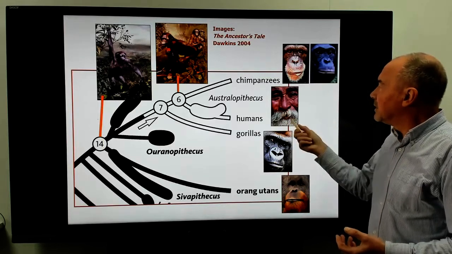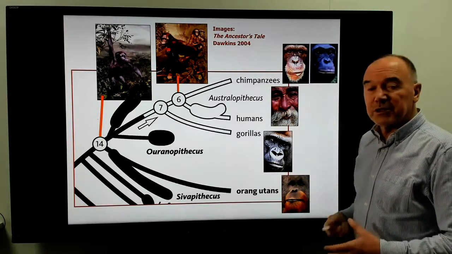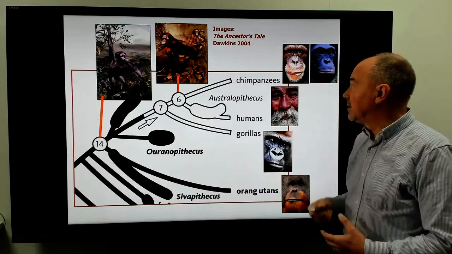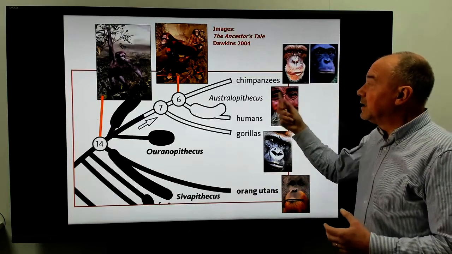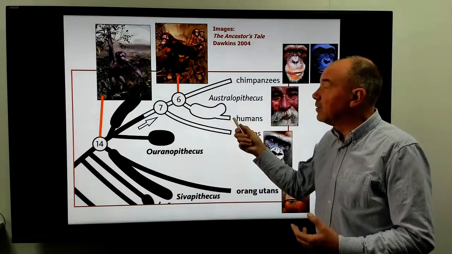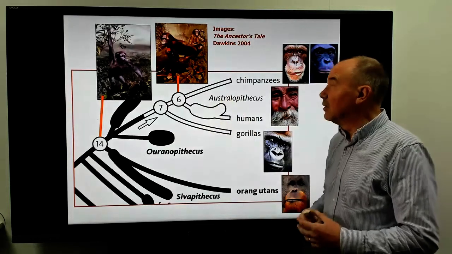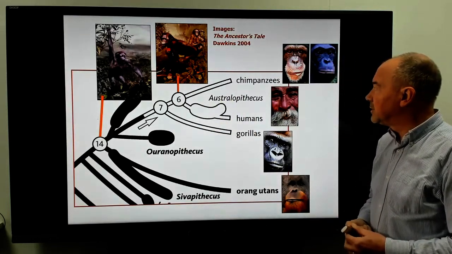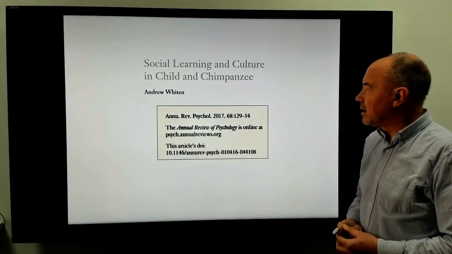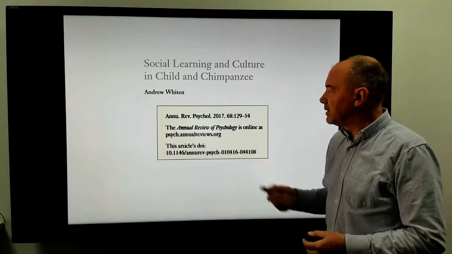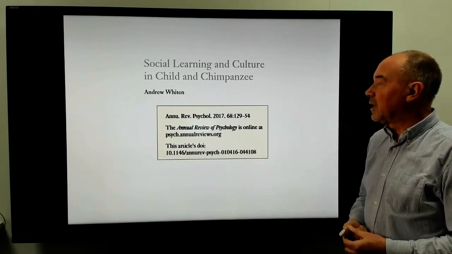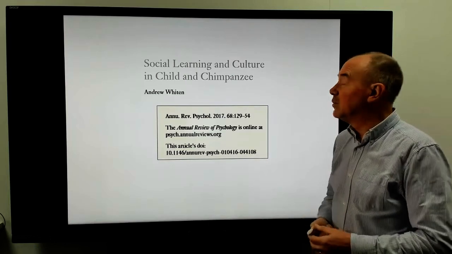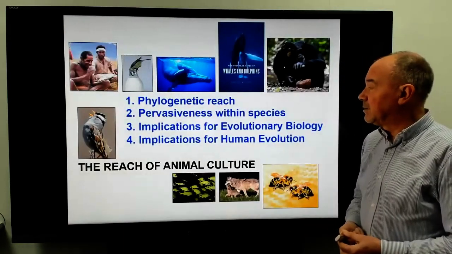The main point, I suppose, is that culture didn't just spring out of the blue in our species, but rather it's taken the forms it has because it's evolved on the back of what went before in earlier apes. And I've written about that recently. Here's a review if you want to anticipate that, but I'll talk about it more in later parts of the module.